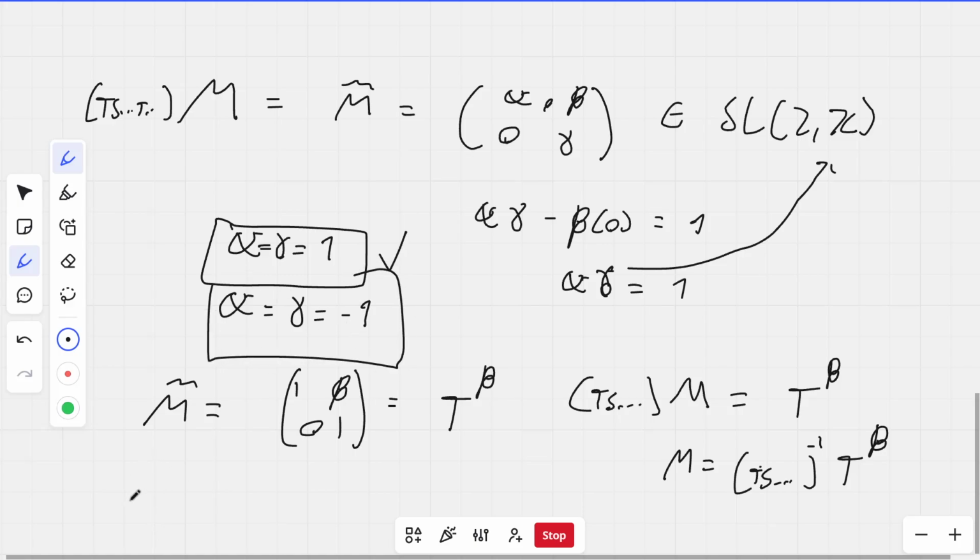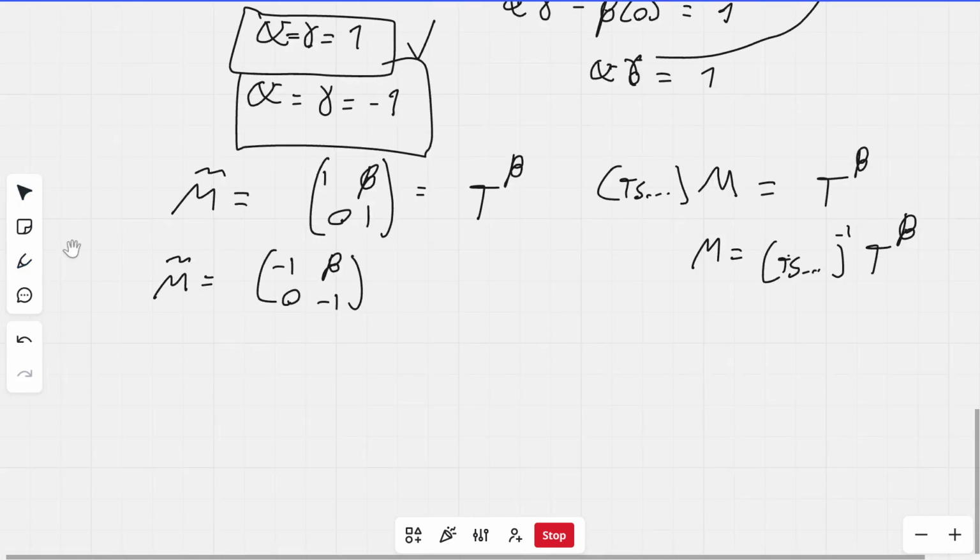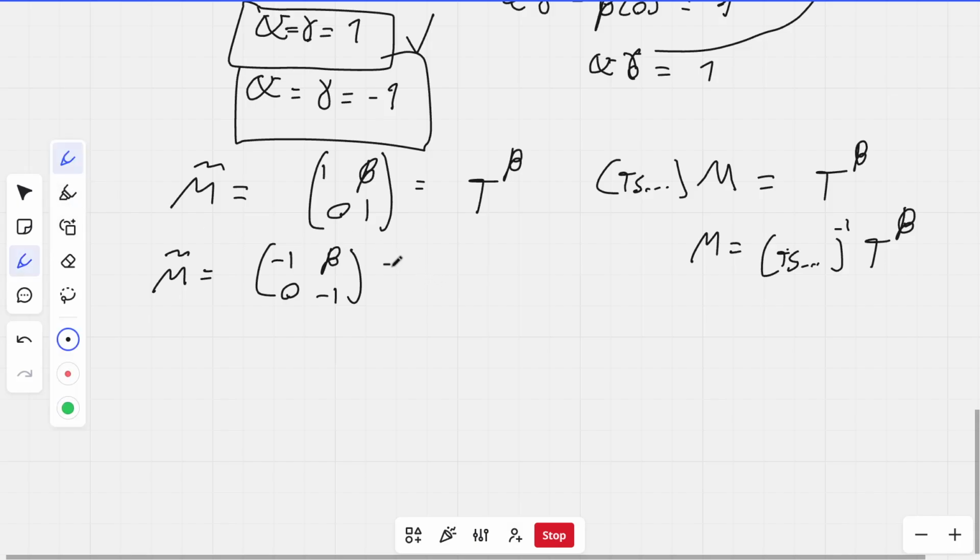This one will have M equals minus 1, minus 1, this. This is simply just negative 1, 1 minus beta 0, which is the same as the negative identity multiplied by 1 minus beta 0, 1.